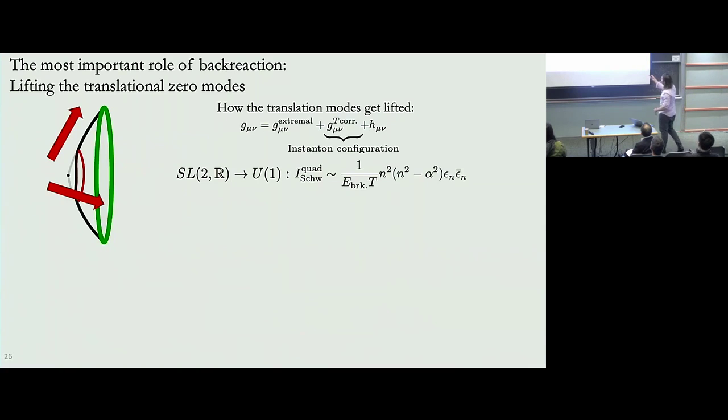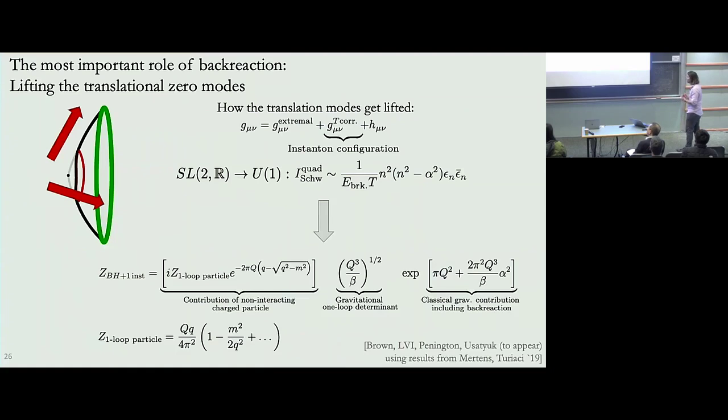And instead of finding the old action that had, at quadratic order, n squared times n squared minus 1, we now get this angle, alpha, appearing. So the modes that were previously exact zero modes that we had to integrate over, epsilon 1 and epsilon minus 1, now actually get a non-zero weight, which means that we've essentially regularized these modes. They now have a finite contribution.